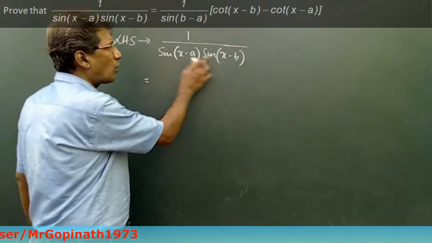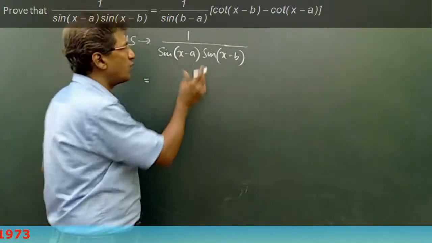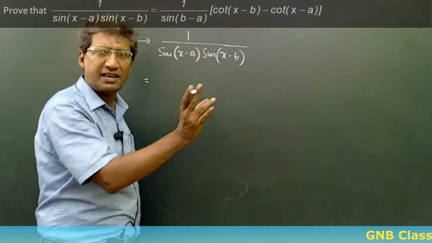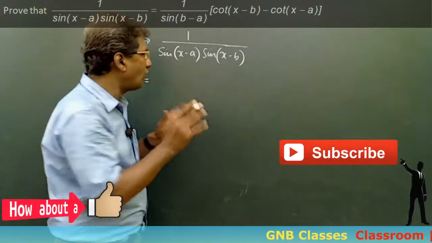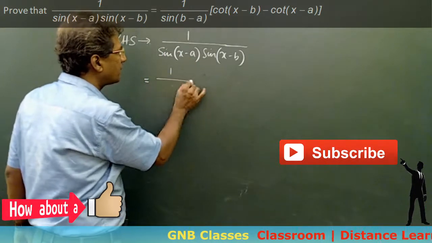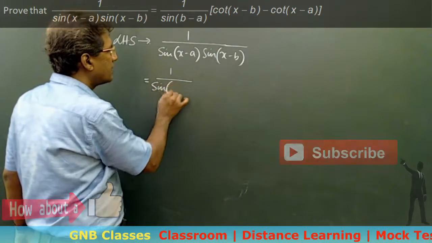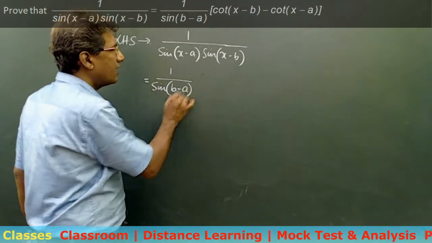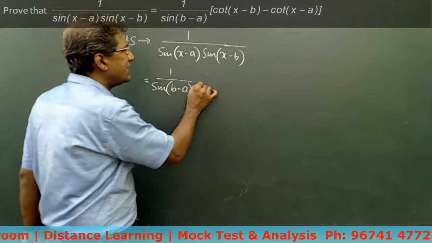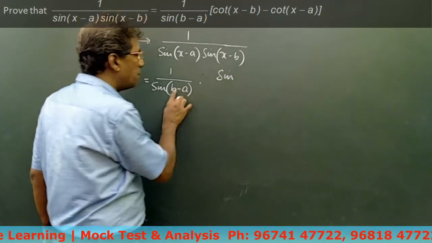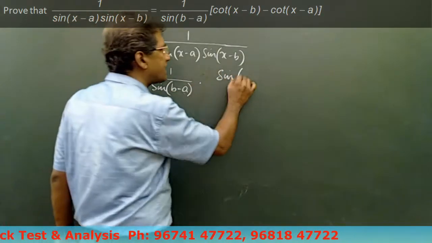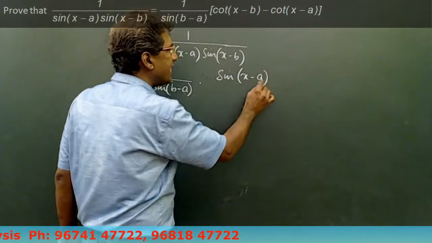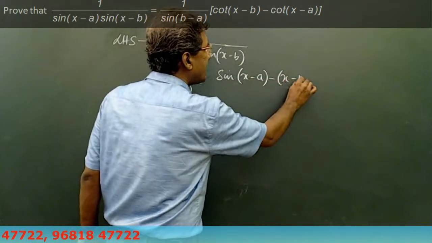When there is a product of sine sine or cos cos, always remember this, always take 1 by sin(b minus a) in the denominator, and in the numerator you take sin(b minus a), which I am writing in a different fashion as (x minus a) minus (x minus b).